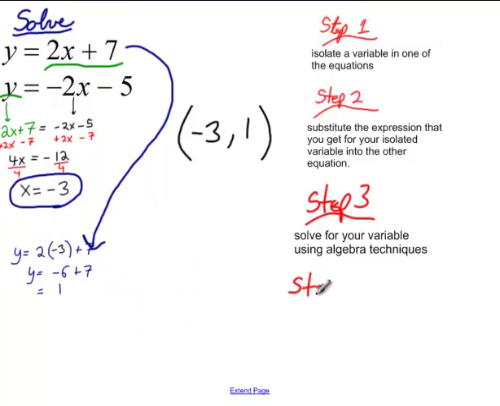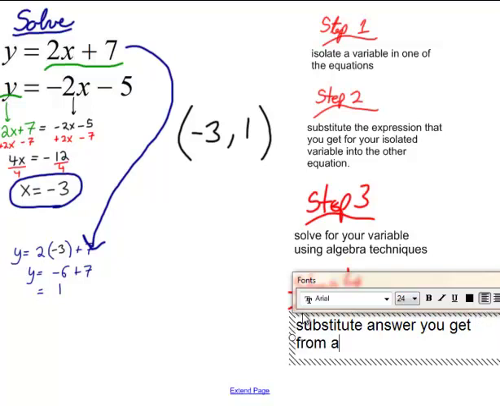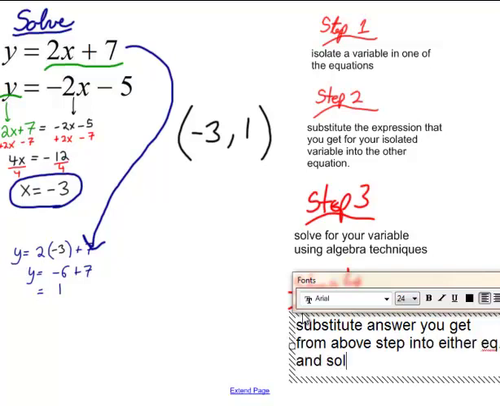Step 4 is substitute the answer you get from the above step into either equation and solve for the other variable.